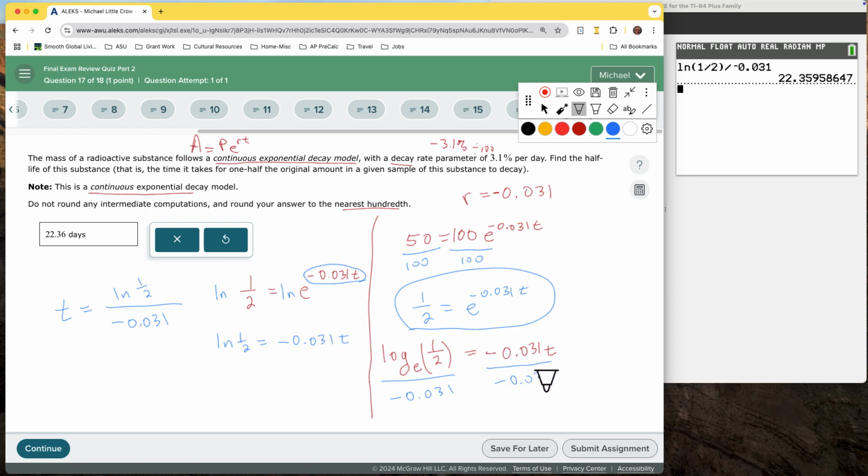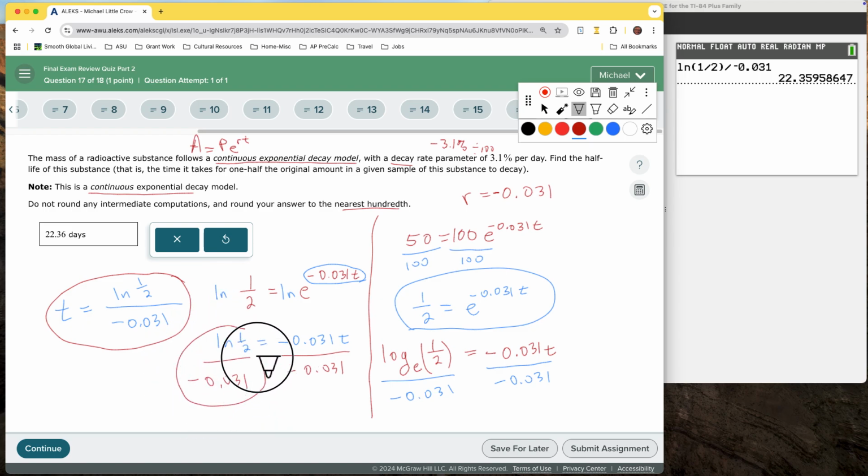So we end up with the same thing. All we have to do now is divide by negative 0.031 on both sides. These cancel out, leaving us with t, and when we calculate it, we get the same answer.